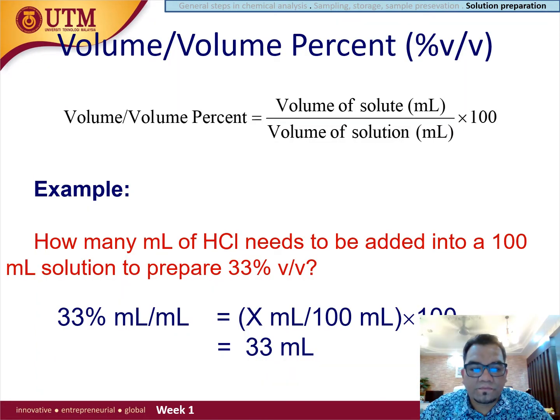Now volume per volume percent: it is the volume of solute divided by the volume of solution times 100. So how many milliliters of hydrochloric acid need to be added into 100 ml of solution to prepare 33% volume by volume hydrochloric acid? The answer is we have to put 33 ml of hydrochloric acid, right?